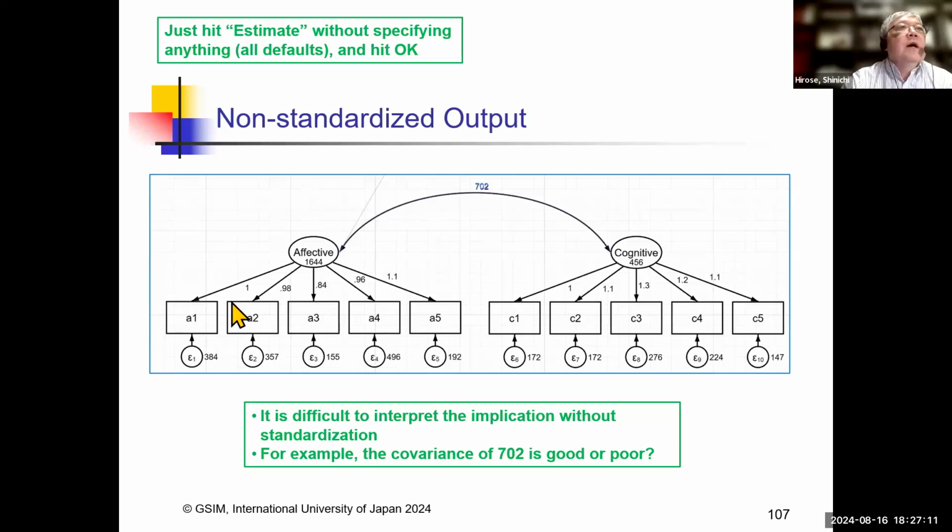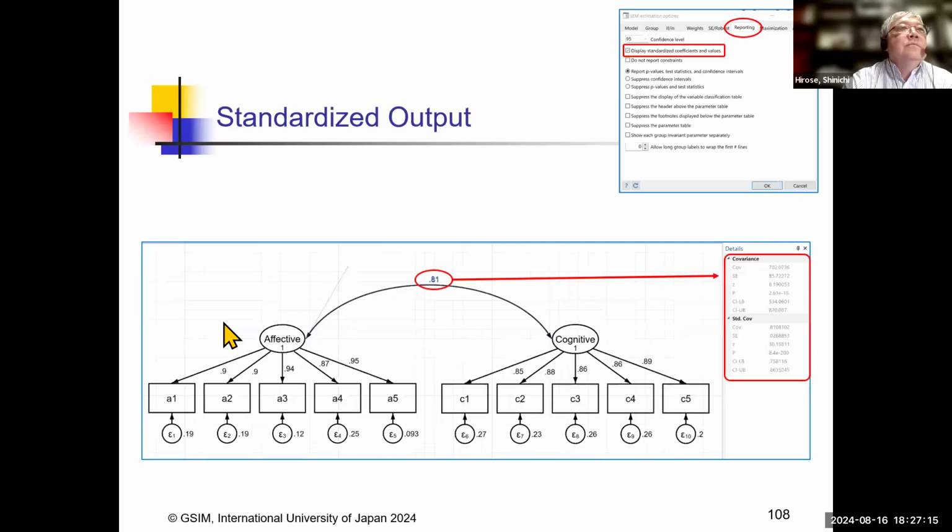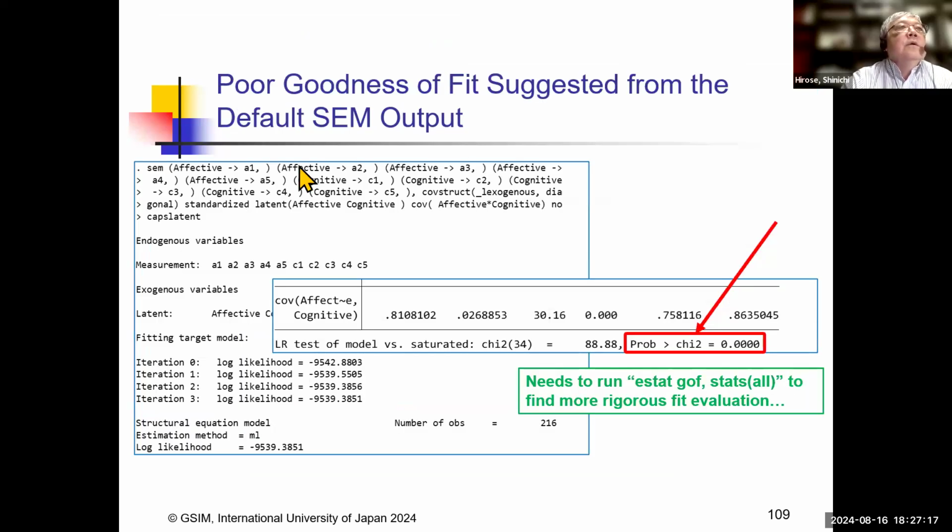And of course, after doing this, you need to run the goodness of fit test. The chi-square number here was poor, so we will run the goodness of fit test.